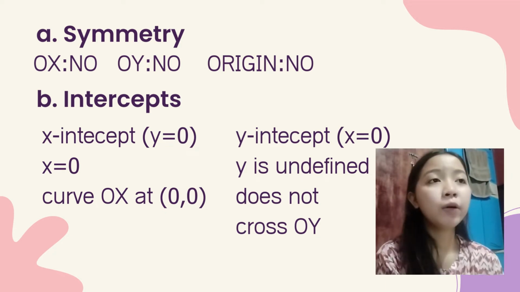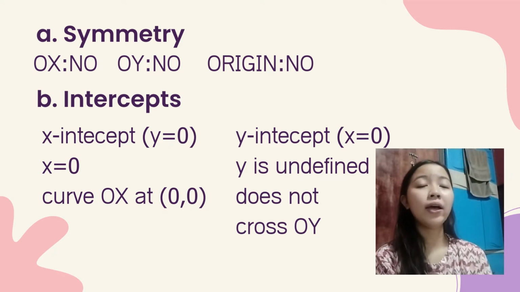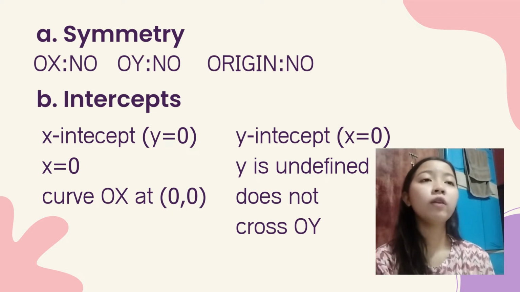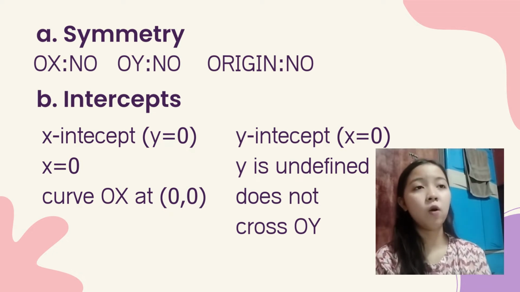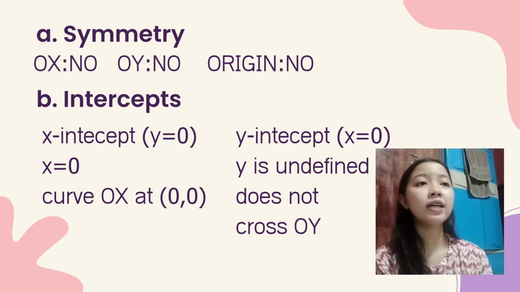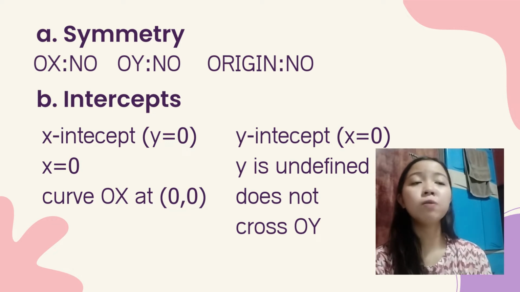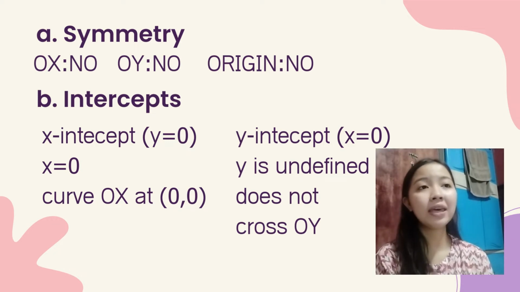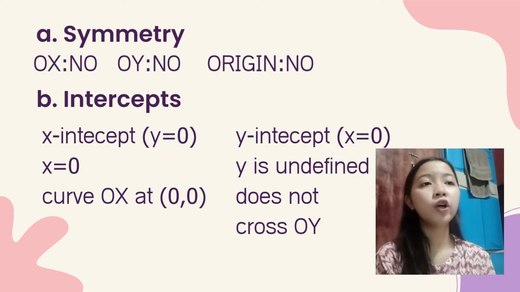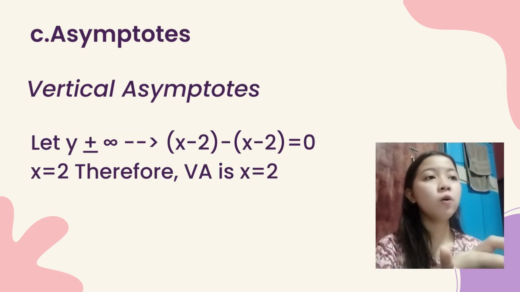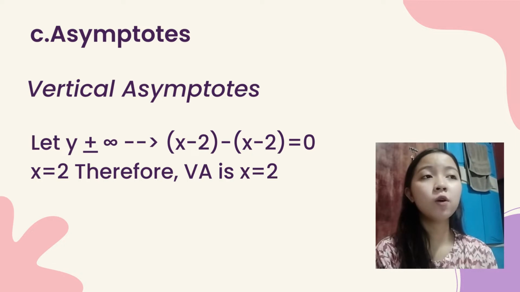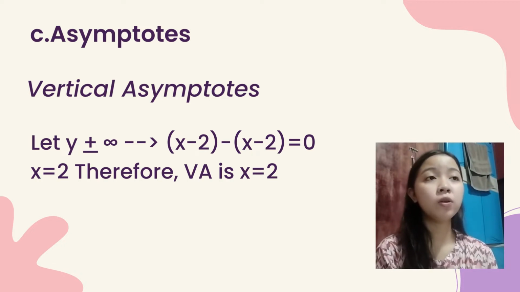Number 2 is we will find the y-intercept, where we let x equal 0. We will use again the expanded form, y equals x over x squared minus 4x plus 4. As you can see, y is undefined, so the curve does not cross the y-axis. Now let us go on to the vertical asymptotes.